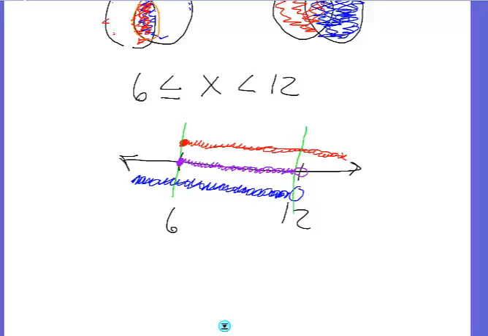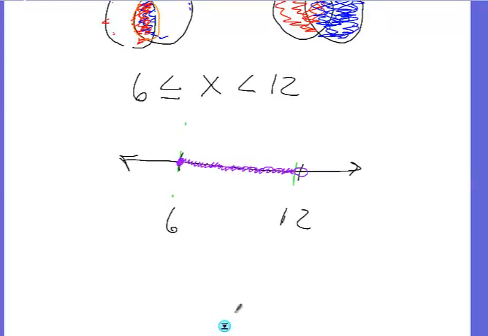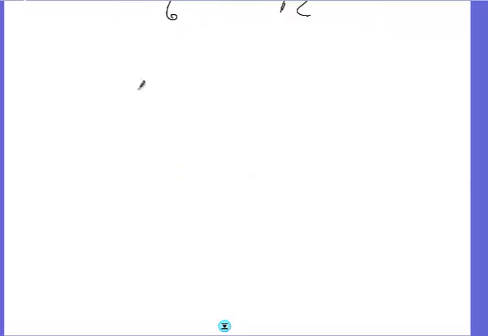So the actual answer for this one is just where everything's shaded in, everything's covered. All right. And that is the solution for 6 is less than or equal to x, which is less than 12, because this is the only part of our solution that is actually true. All right, so that's an and problem.